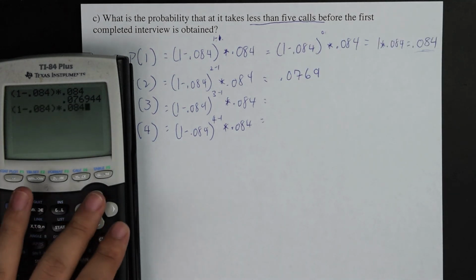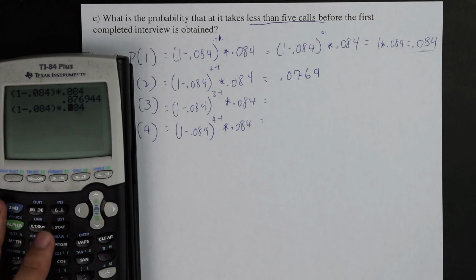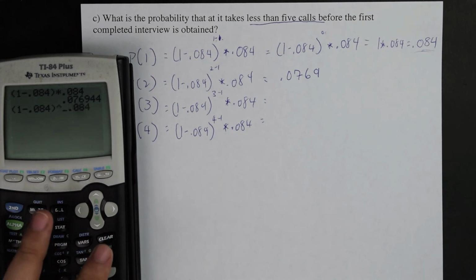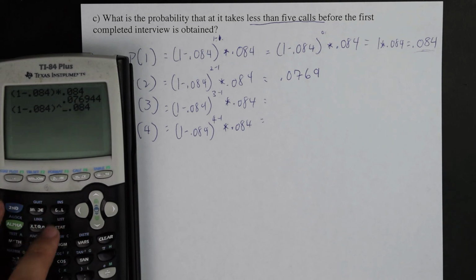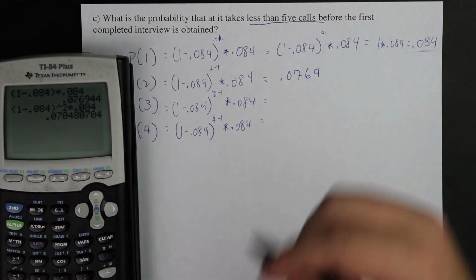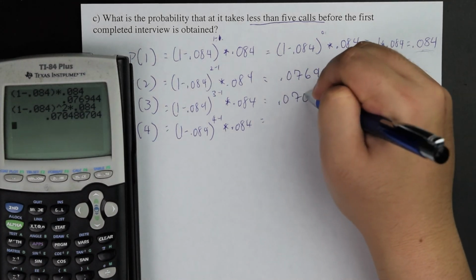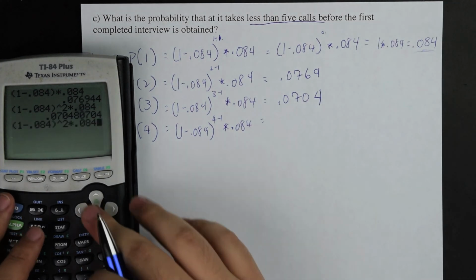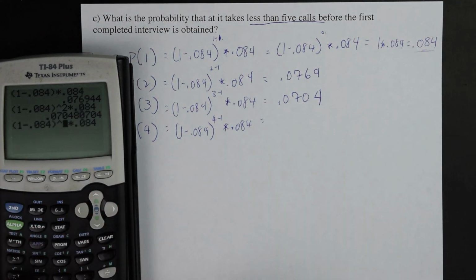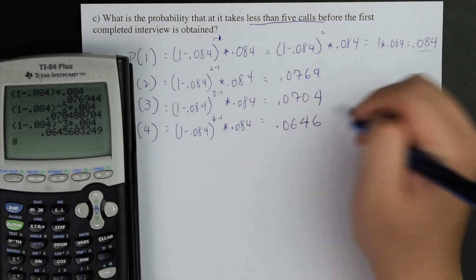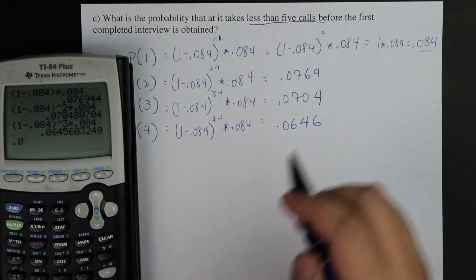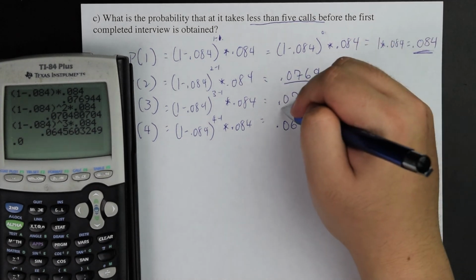I'm going to create a re-entry, change the exponent to 2, and that will be 0.0704. Then another entry, change that to 3, and that's going to be 0.0646, rounded.